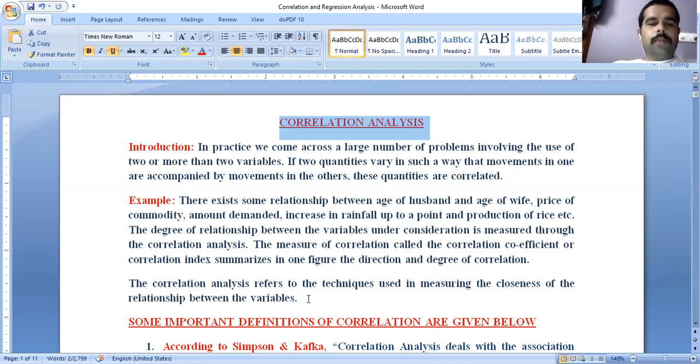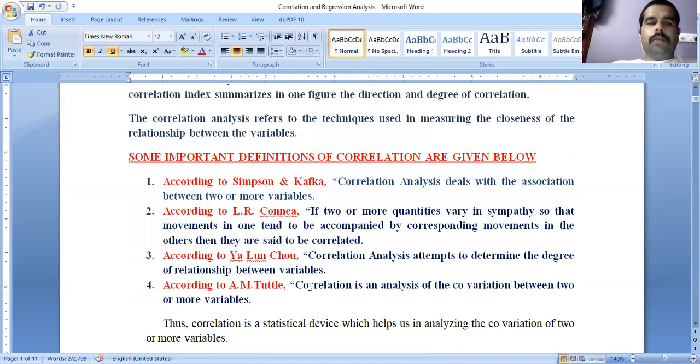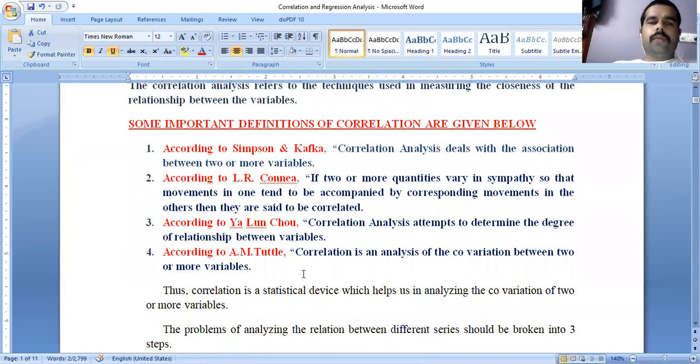Here some important definitions of correlation are given below. Four authors, four statisticians, have given small definitions of correlation analysis. According to Simpson and Kafka, correlation analysis deals with the association between two or more variables.